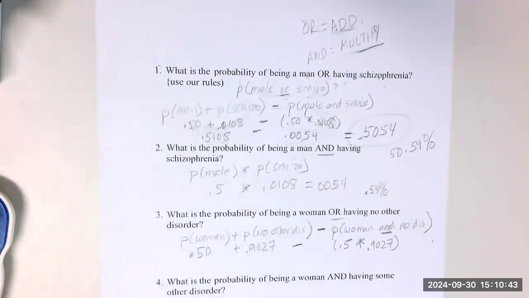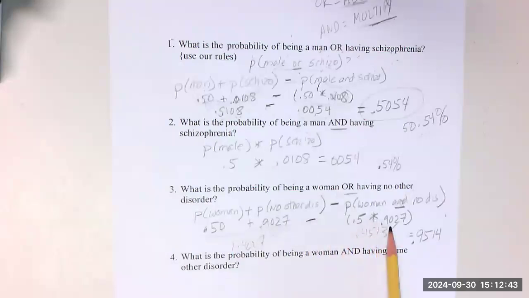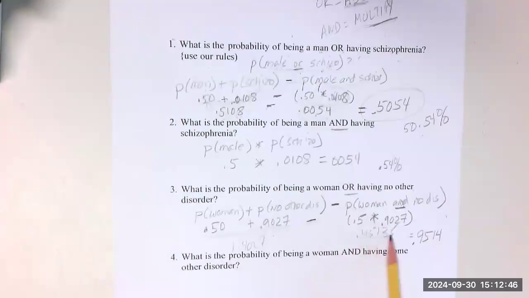I'm gonna work that out in my calculator. You work it out in yours and I'll come back and we'll see if we can get the answer. Hold on. Okay, so I put in the numbers, students. The probability of being a woman, 50%. The probability of having no psychiatric disorder is 90.27%, and I left them in relative frequencies, added those together, and then subtracted out the probability of being a woman times the probability of having no other disorder, which is that.